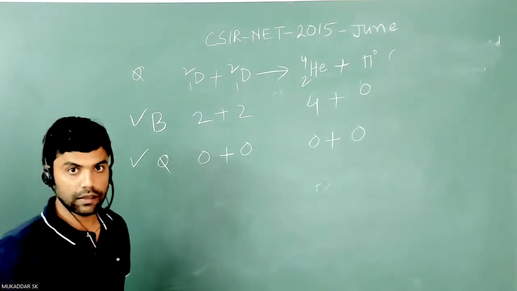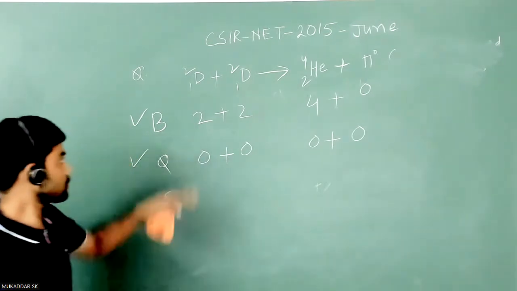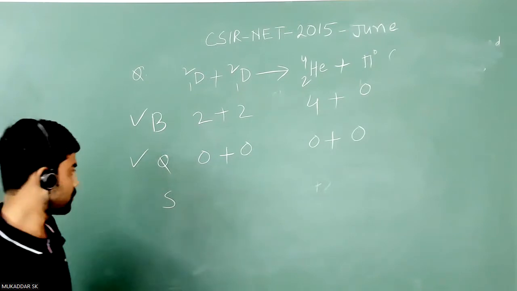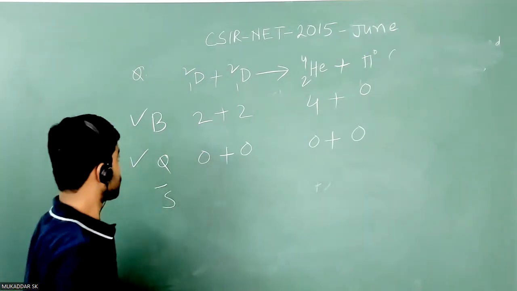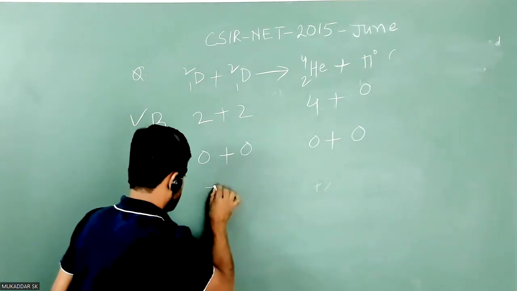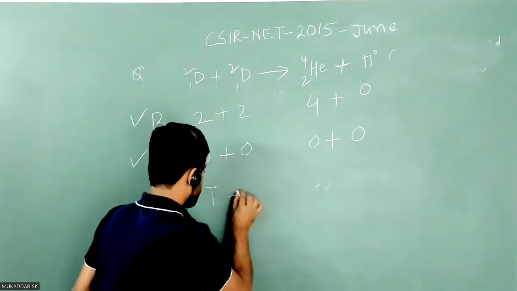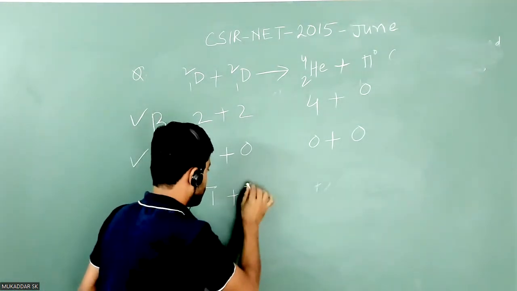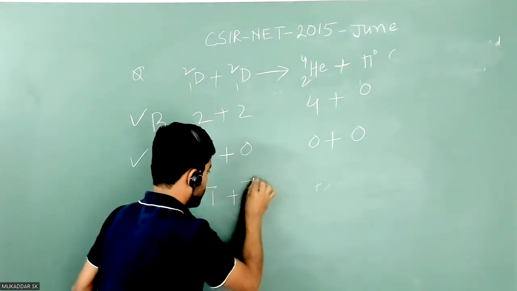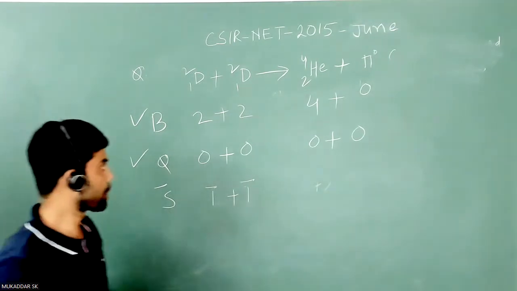Now we'll check angular momentum or spin angular momentum. Deuterium is basically found in the triplet state, so its angular momentum or spin is 1. With 2 deuterium you have, this value is basically a vector sum, so it means 1 plus 1 or 1 minus 1.